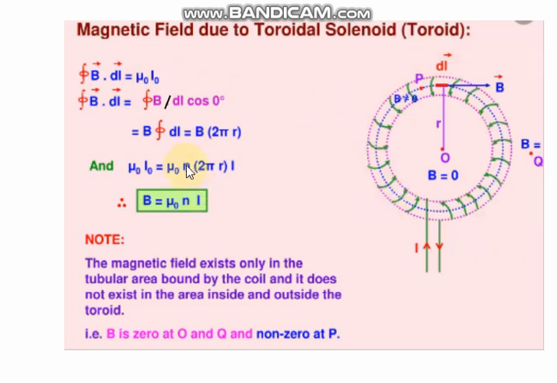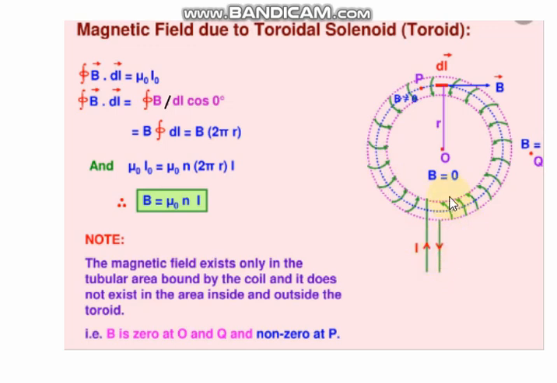If n is the number of turns per unit length, and the length of our Amperian loop is 2 pi r, where r is the radius of this Amperian loop, not of the toroid, then the number of turns in this length will be 2 pi r times n, and I is the current carried by the toroid.